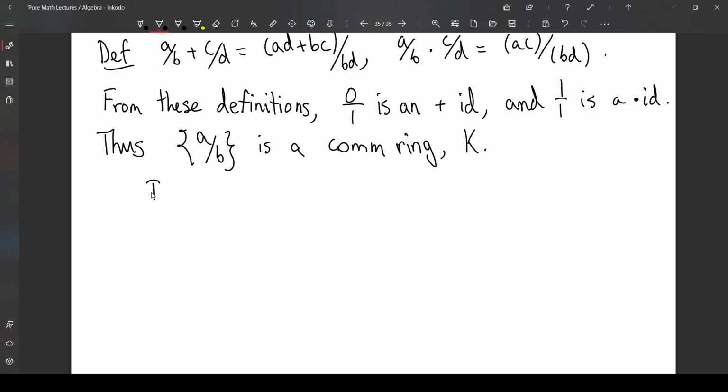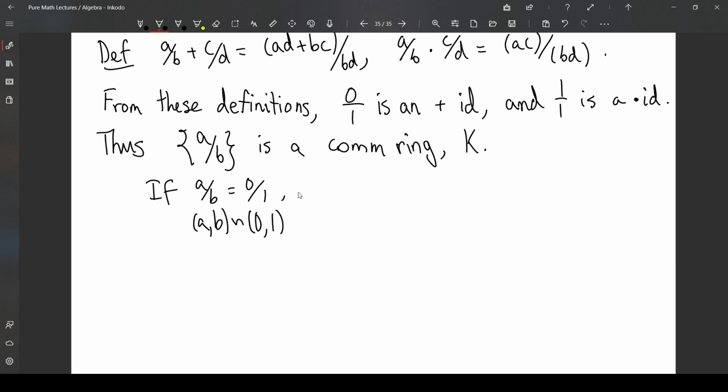So if a over b is equal to 0, well, the 0 element is 0 over 1, then this means that essentially we can think of this as saying the equivalence class ab is equivalent to, sorry, not the equivalence class, but the pair a, b is equivalent to the pair 0, 1.